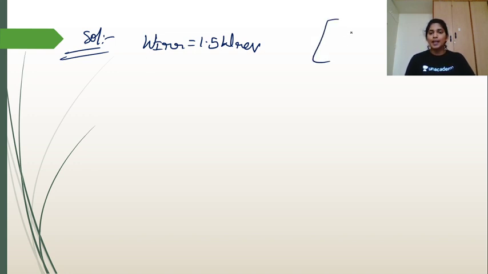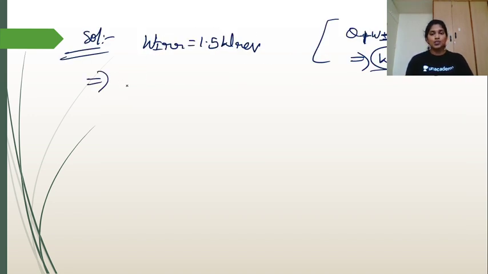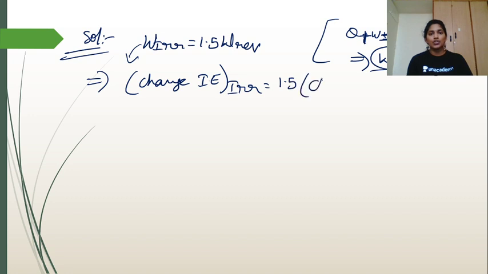For an adiabatic process in a closed system, Q plus W is equal to change in internal energy E, which means W is equal to the change in E. So the work equals the change in internal energy. The change in internal energy for the irreversible process is equal to 1.5 times the change in internal energy of the reversible process.